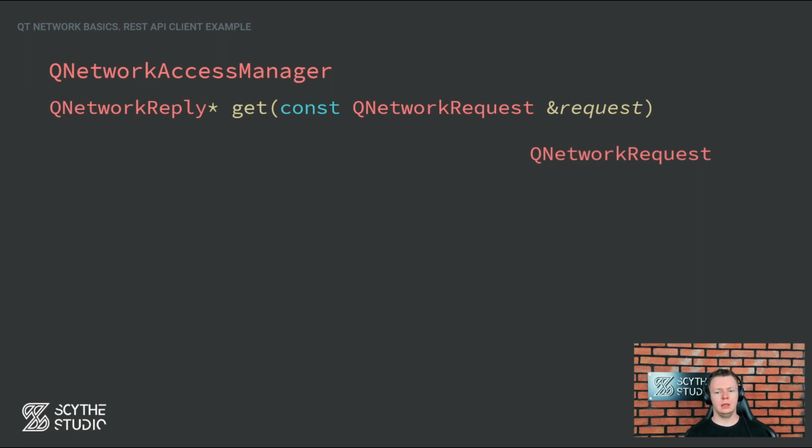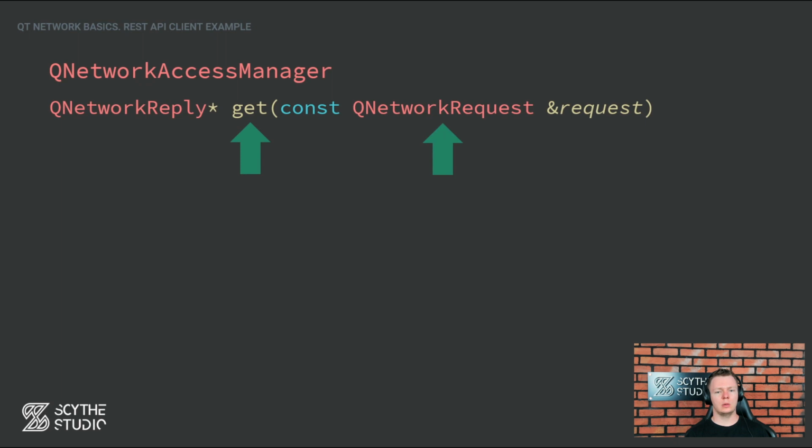We create an instance of QNetworkRequest and set the necessary details like the URL of the API. Then, to actually send the request, we use the QNetworkAccessManager get function, for example.